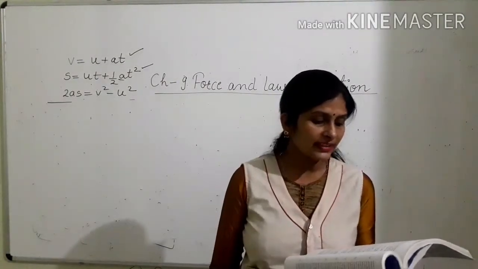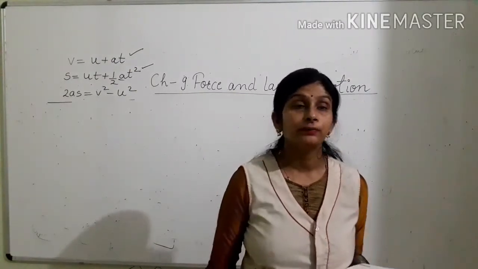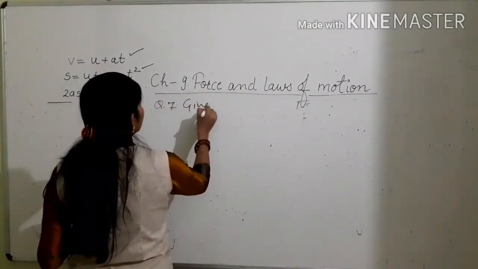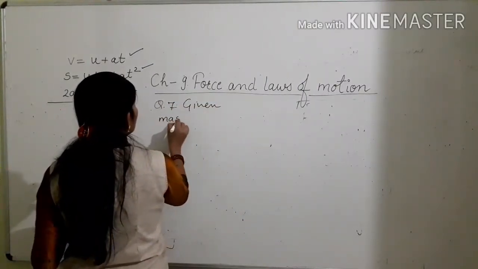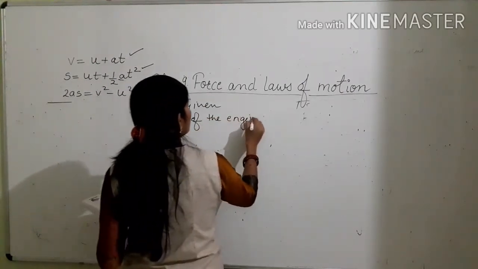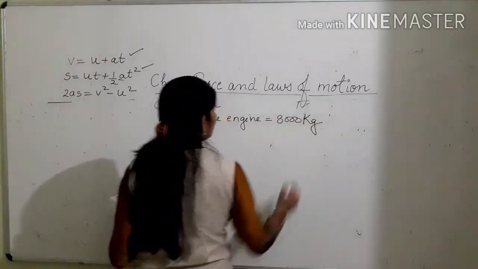In question number 7, it is given that there is an engine and the mass of the engine is 8,000 kilogram.